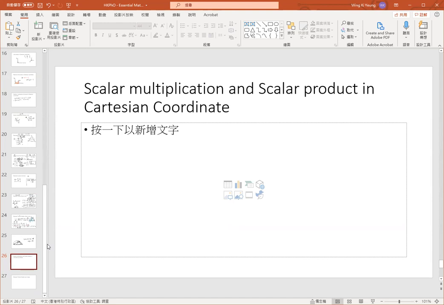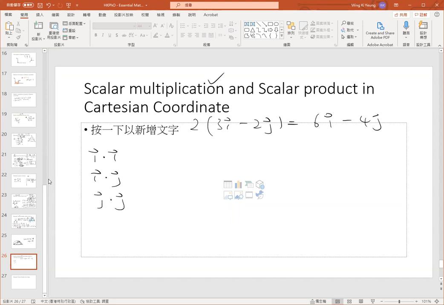So let's say 2 times 3i minus 2j, then it's just 6i minus 4j. Okay, that's it. I think it's easy. Okay, done. But for the scalar product, let's consider a two-dimensional case first. Let's finish these things first.